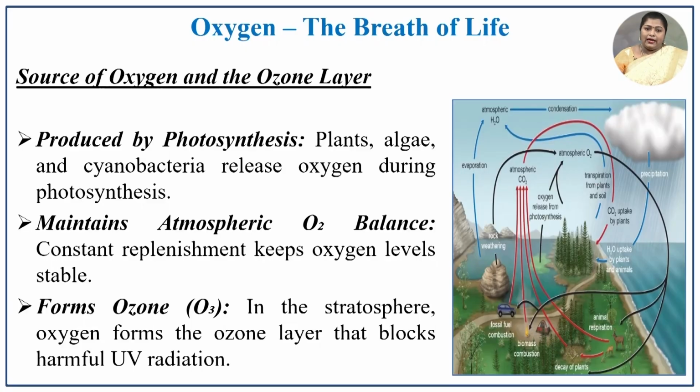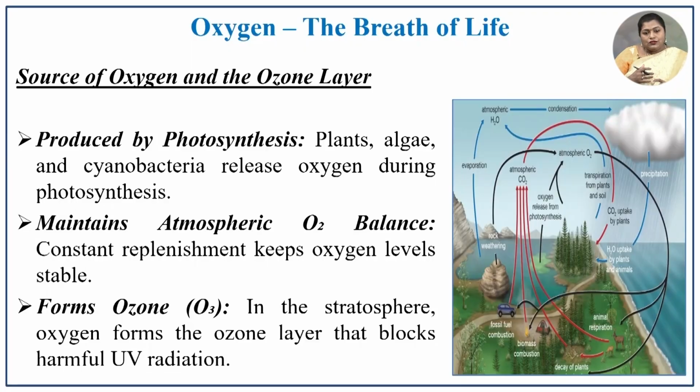Next, it is helpful in the photosynthesis process. Plants, algae and cyanobacteria release oxygen during photosynthesis. It is one of the major sources by which the atmosphere gains oxygen, and it also maintains the atmospheric oxygen balance.